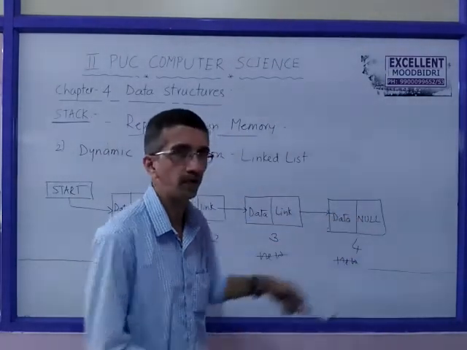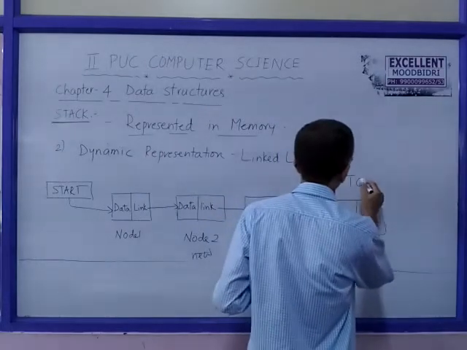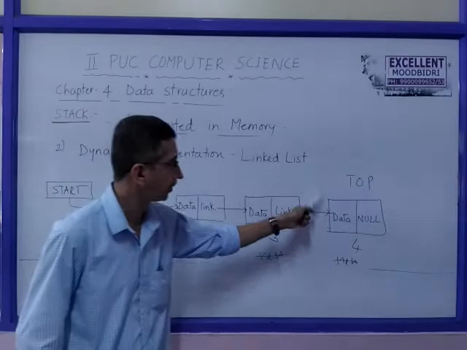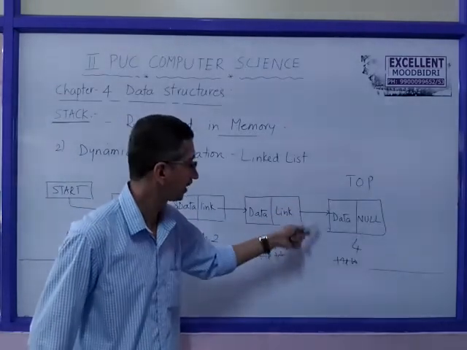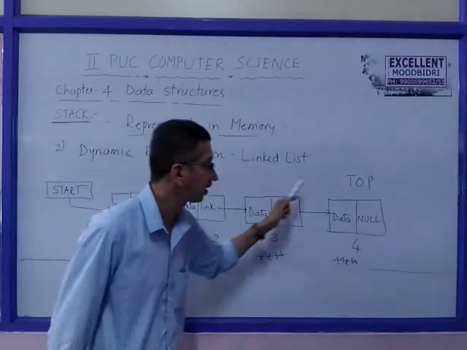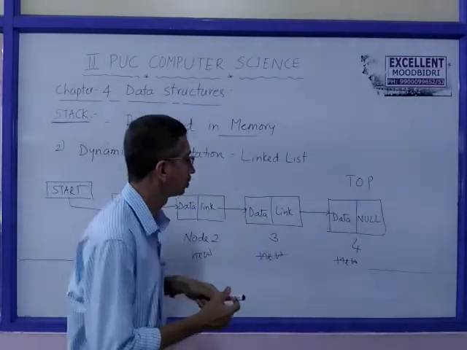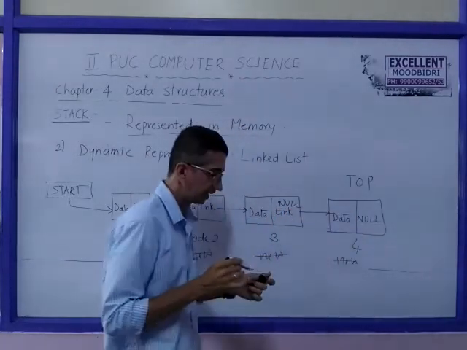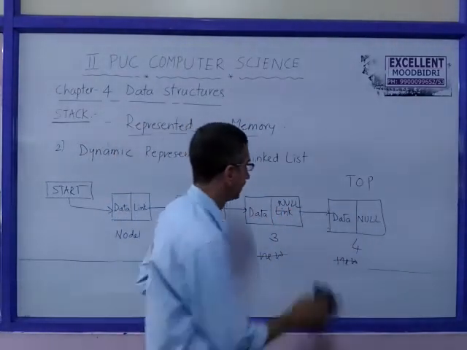So this is the top end of the stack. Deleting means disconnect this pointer. Instead of this node containing the pointer of the next node, now you store null here. That means it is as good as getting deleted.